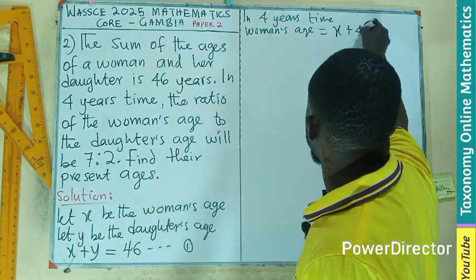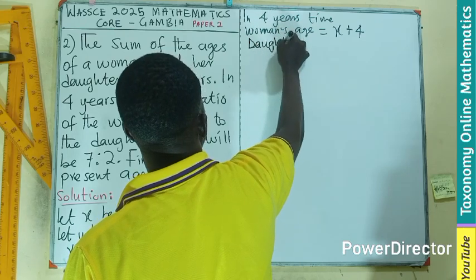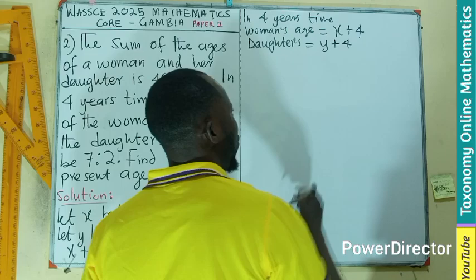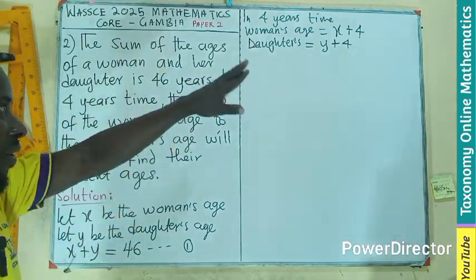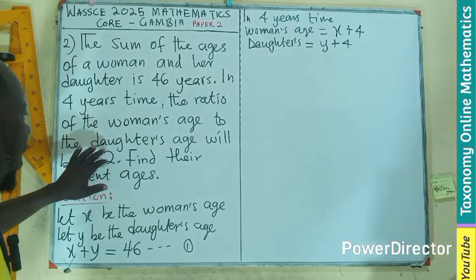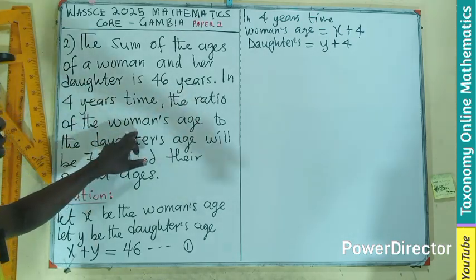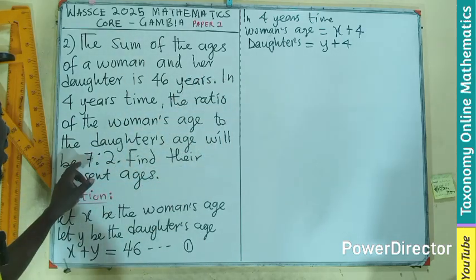Because 4 years time they will increase age, then the daughter's age will also be y plus what? 4. See, these are their ages in 4 years to come. Then this year we are having the ratio of the ages, which is x plus 4 and y plus 4 will be 7 is to 2.